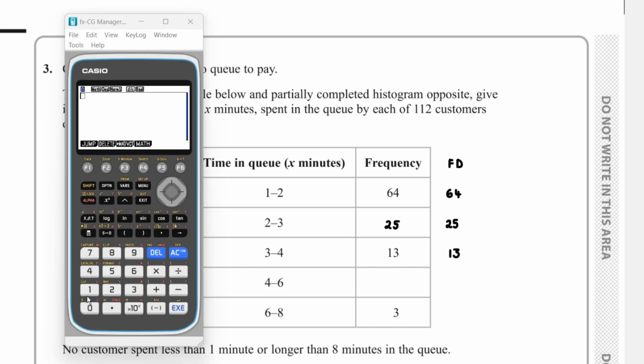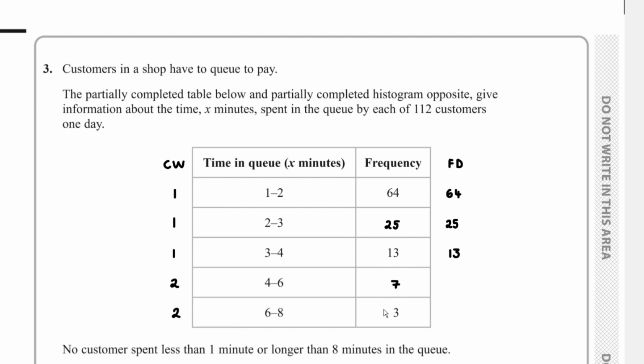So if we do 112 subtract 64, subtract 25, subtract 13, subtract 3, we get 7. Meaning, for the interval 4 to 6 we have a frequency of 7, and if the frequency is 7 and the class width is 2, 7 divided by 2, which is 3.5, is our frequency density for the interval 4 to 6.